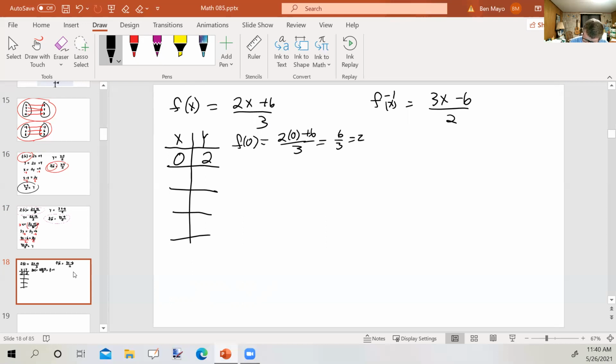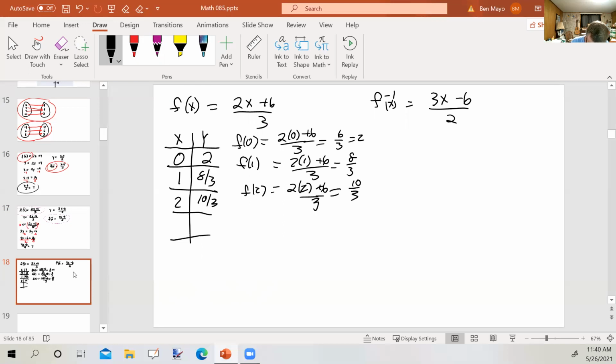Okay, how about, let's see, let's use 1. f of 1 would be 2 times 1 plus 6 over 3, which is 8/3. And 2, f of 2 is going to be 2 times 2 plus 6 over 3, which is 10/3.